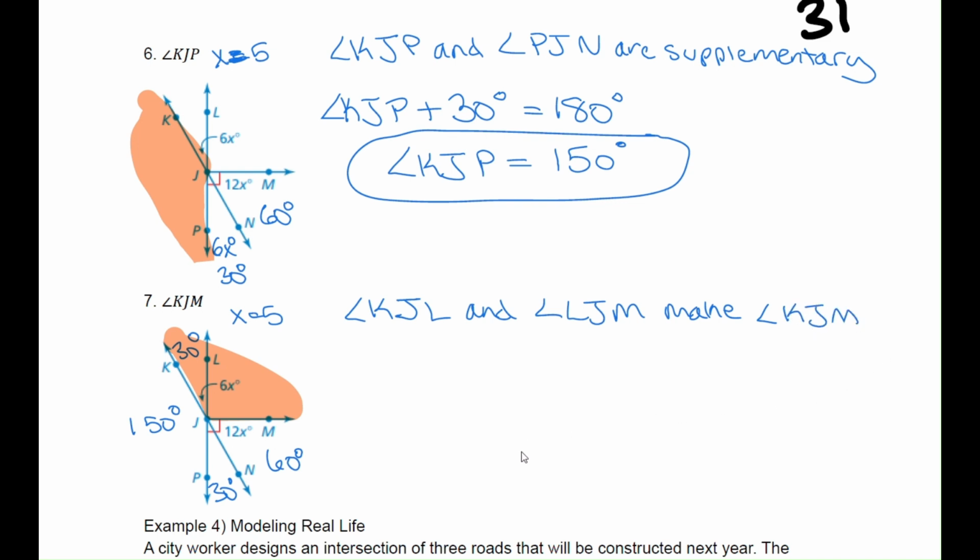So that tells me that if I know both of those angles, I can add them together to get that whole angle there. But that also means I have to find angle LJM.